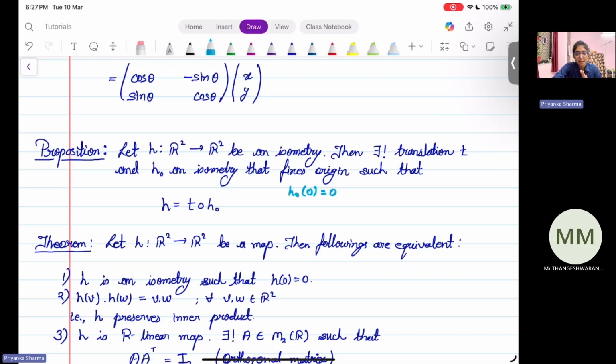So any arbitrary isometry on R² can be written as a composition of a translation and an isometry fixing the origin.